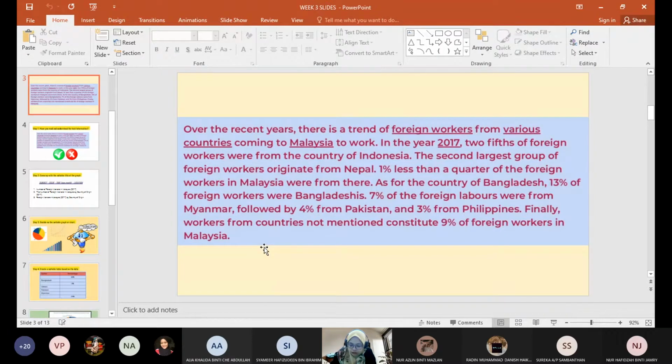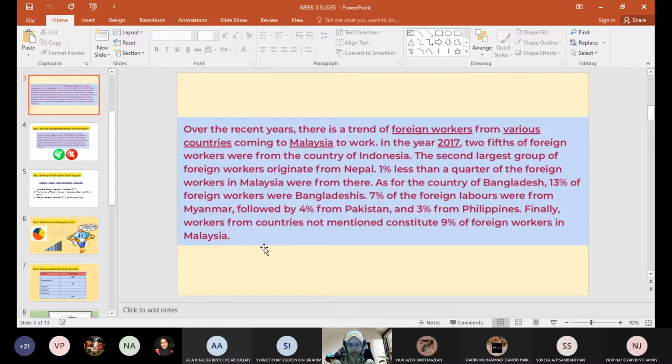Yang lain semua persen kan? 2/5 darab 100, jawapan dia adalah 40%. So, you punya data tu nanti akan jadi Indonesia 40%, Nepal 24%, Bangladesh 13%, Myanmar 7%, Pakistan 4%, Philippines 3%, and others 9%. Okay, so you dah ada data.